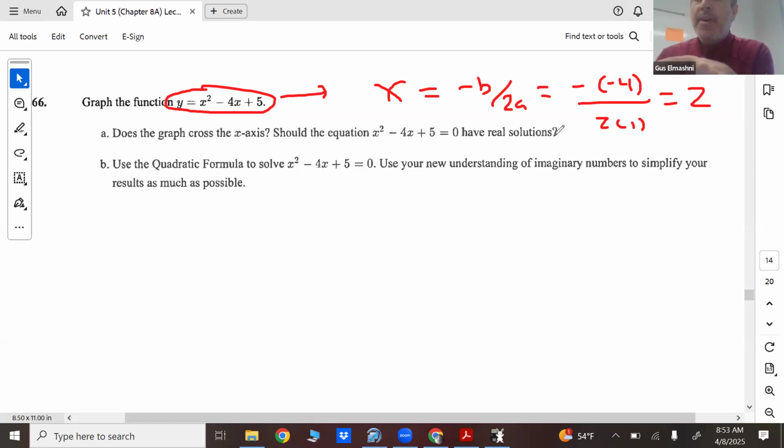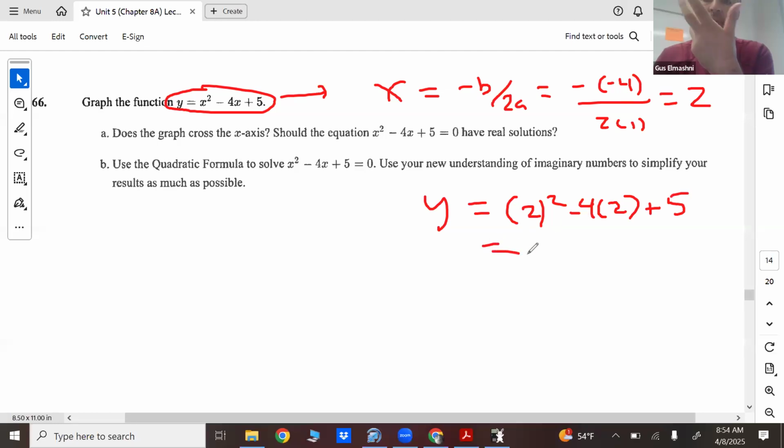How do I get the y coordinate of the vertex? What would you do? But before that, though, if you have the x coordinate of the vertex, you could plug back in to get the y coordinate of the vertex. Because sometimes you can't factor it. So if I clean this up, what do you get? Not quite.